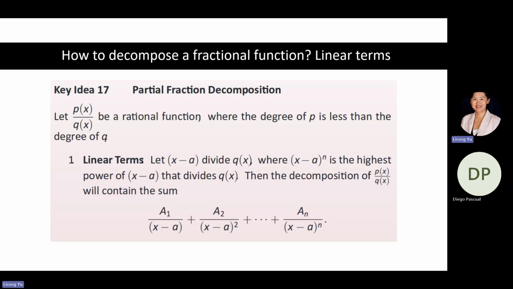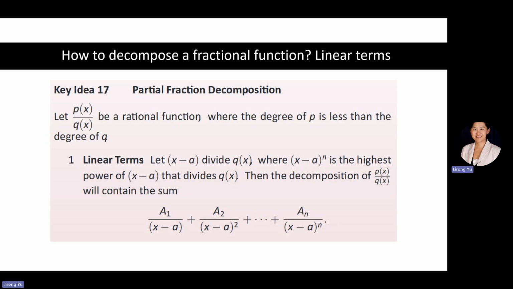The numerator's degree has to be lower than the denominator's. P of x over q of x is the fraction. The degree of p has to be lower than the degree of q. So the numerator could be degree 2 and the denominator degree 3, or the denominator could be degree 4 and the numerator degree 1. But if the numerator has a higher degree, what do we do?